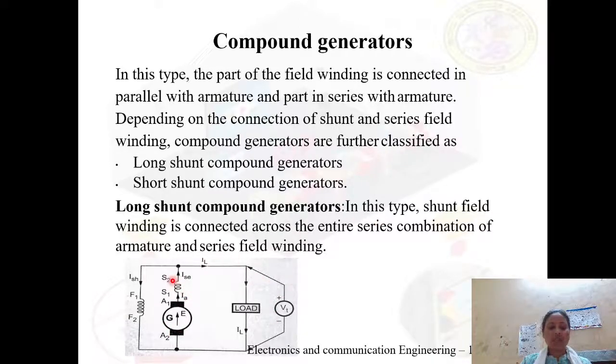So here we can observe that some part of the field windings are connected in series to the armature, and some part is connected in parallel to the armature. That is, the shunt field winding is connected across the series combination of armature and the series field winding. So this is the series combination of armature and the field winding.